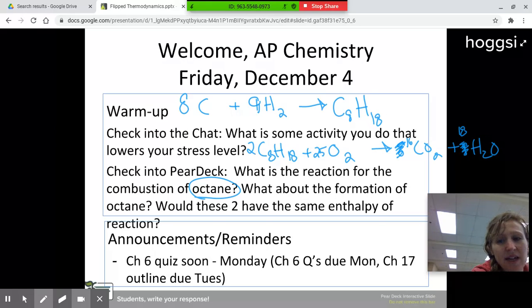And in that case, you would also have carbon and carbon monoxide. Any questions on the combustion reaction? And they would have different enthalpies of reaction because they're very different compounds or very different reactions.